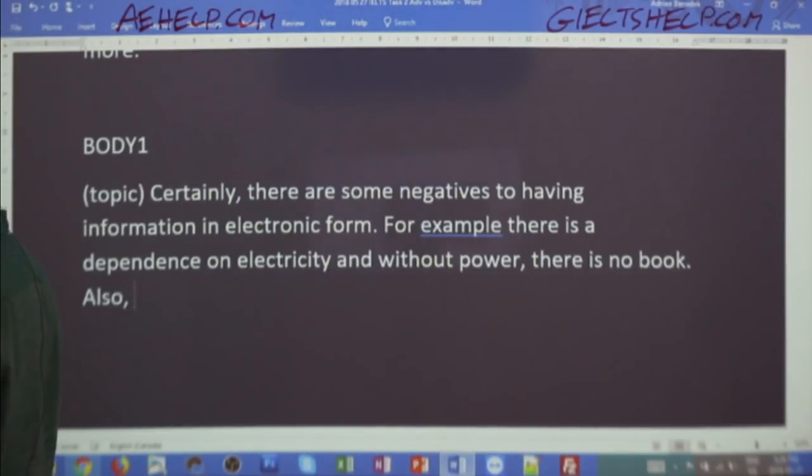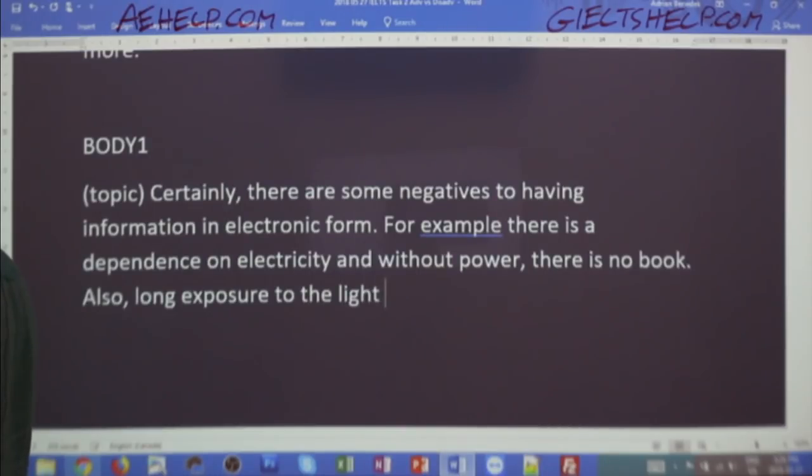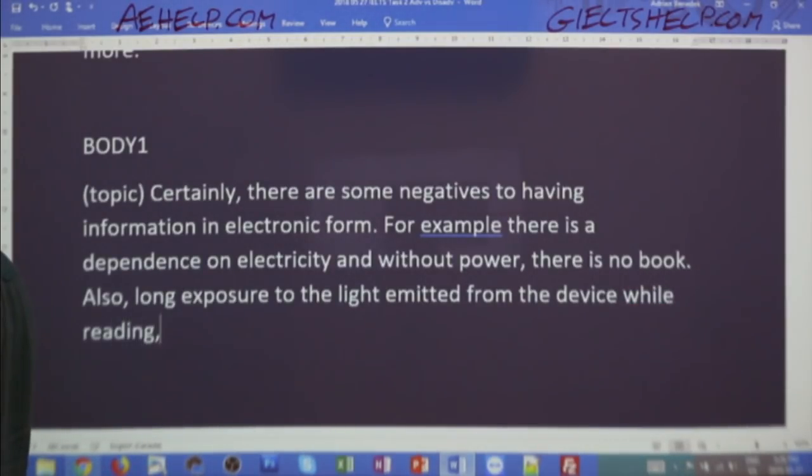Also, long exposure to the light emitted from the device while reading can be harmful for the eyes. Okay?